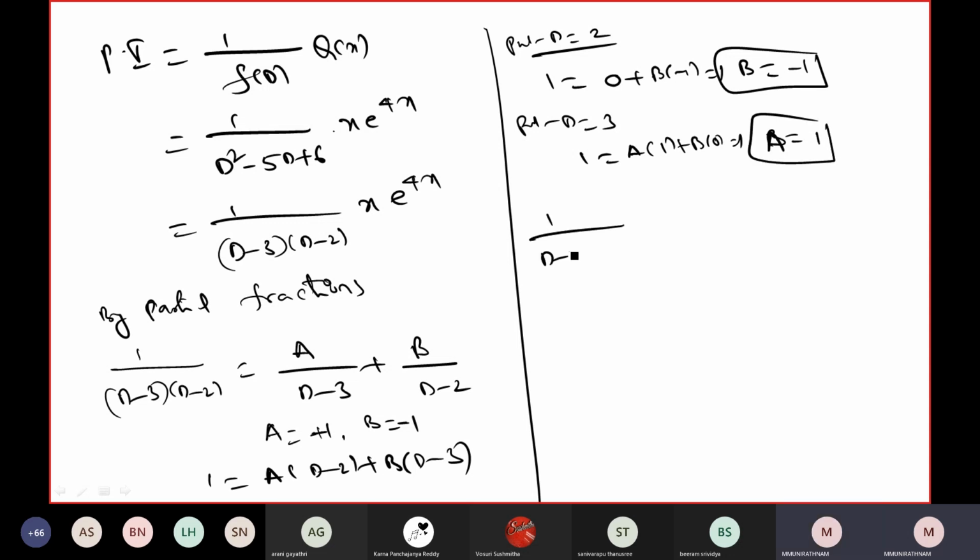So therefore 1 by d minus 3 into d minus 2 is 1 by d minus 3 minus 1 by d minus 2.